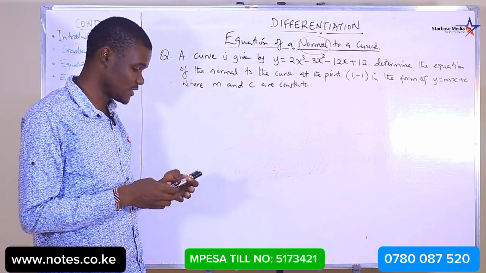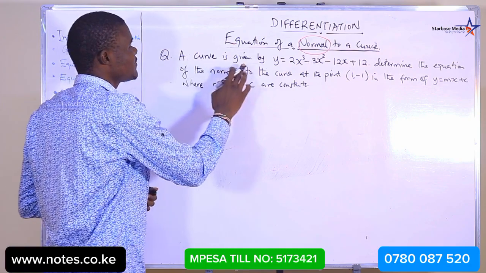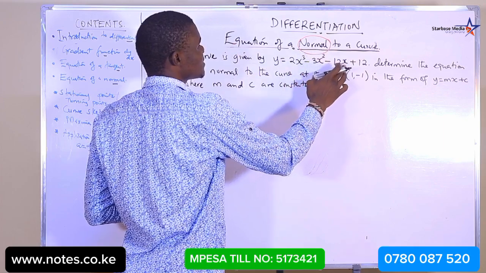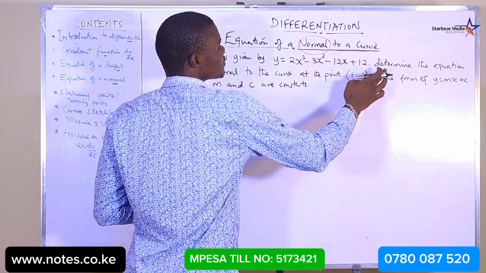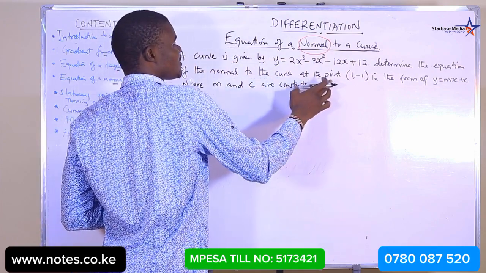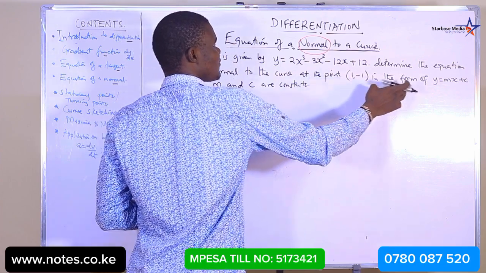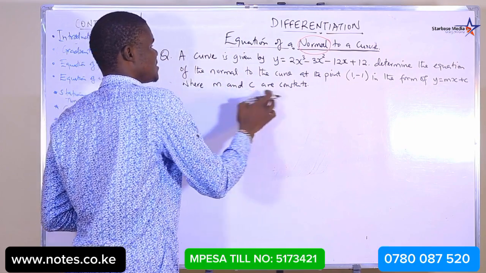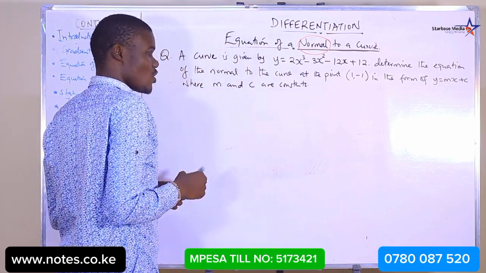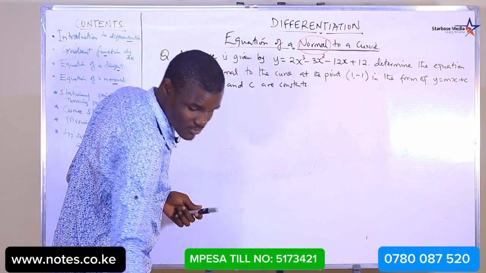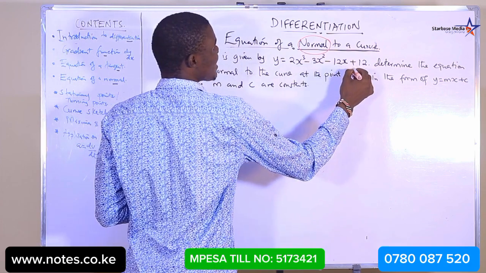to a curve. And the question reads, a curve is given by y is equals to 2x cubed minus 3x squared minus 12x plus 12. So you're supposed to determine the equation of the normal of the curve at the point 1, negative 1 in the form of y is equals to mx plus c, where m and c are constants. And so class, this is very simple because already you've been given the point, so you don't even have to struggle.